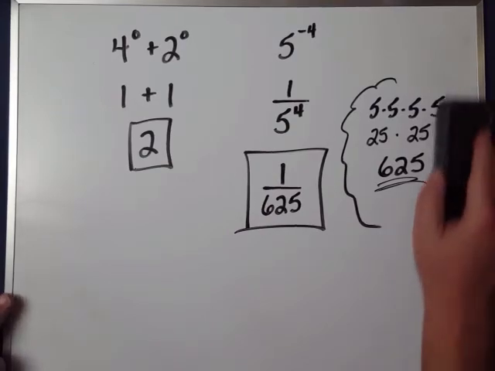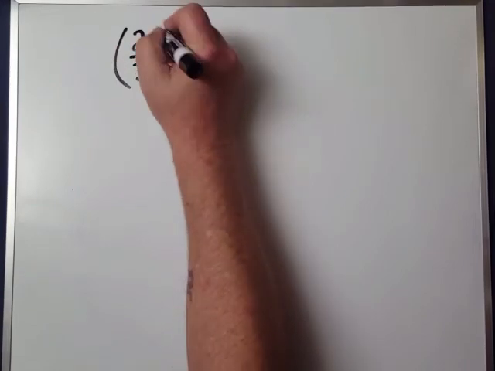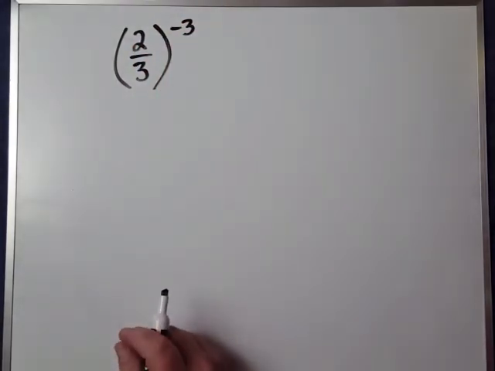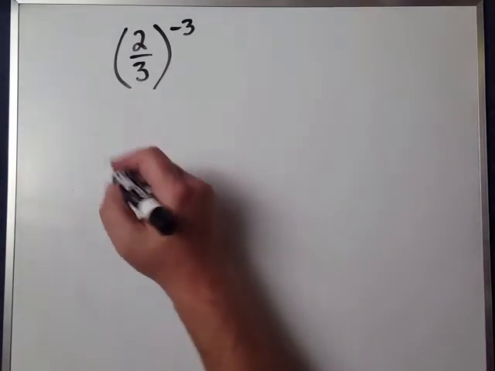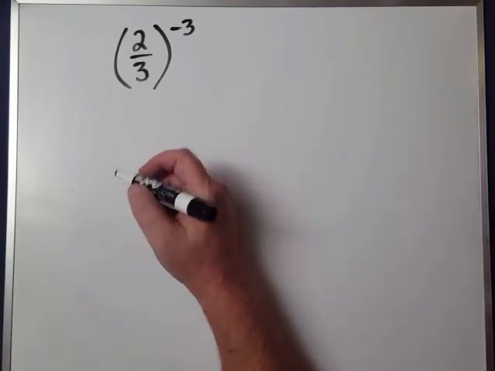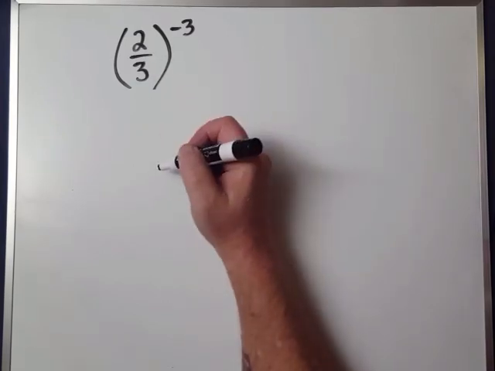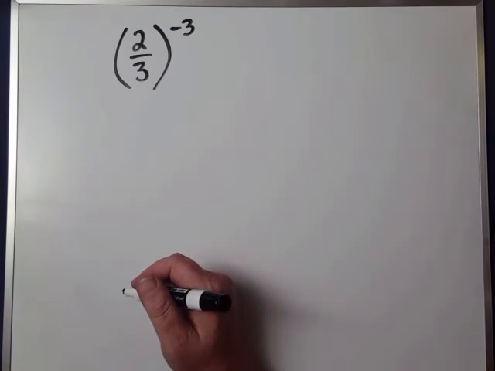Number 34. Her instructions read just like mine. On a quiz or a test, this will say evaluate, which means crank it out. Well, we don't crank out negative exponents. We interpret negative exponents and then we evaluate what we end up with.